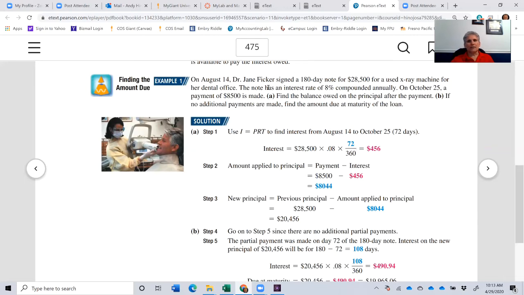Okay, so 180 days, that's like half of a year, for $28,500. She's borrowing it for 180 days. You can think of that as maybe 6 months. This is an interest rate of 8% compounded annually, right? She borrowed it on August 14th, but then on October 25th, she made a payment of $8,500.